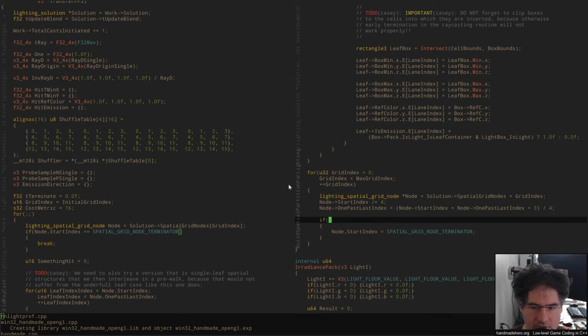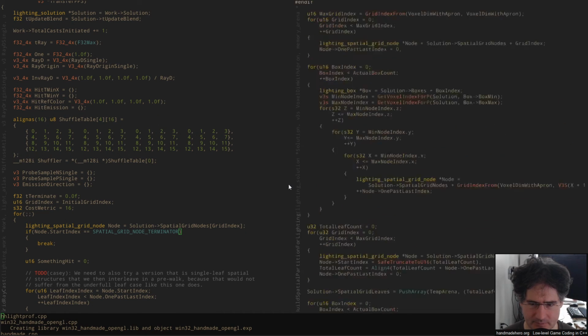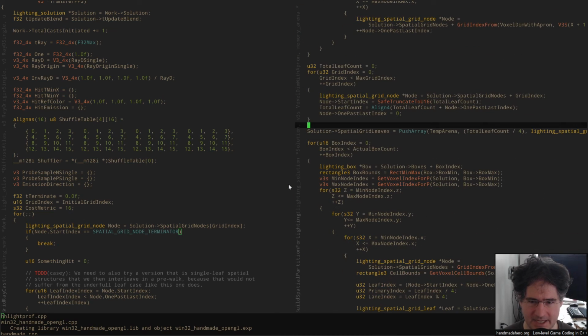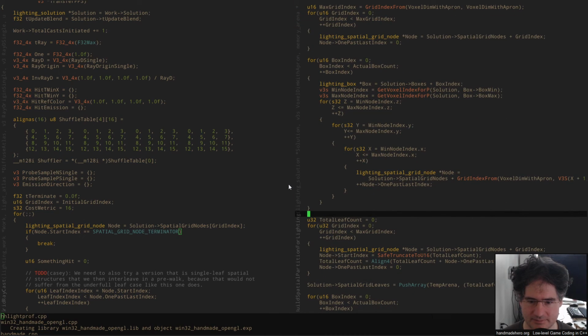So what we need to do here is a check and say, well, is this particular grid index on the edge or isn't it, right? And I'm not sure what the best way to do that is. It might actually just be to clear to that.